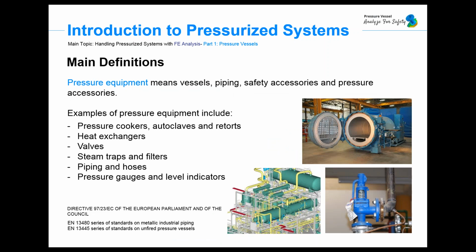Pressure equipment, as you see, is very simple to define, and it's very simple to make some categories from this. Basically it means vessels, piping, safety accessories, and pressure accessories. So for example, piping hoses, pressure gauges, pressure indicators, of course some kind of valves, and of course pressure vessels are the components of complex pressurized systems.